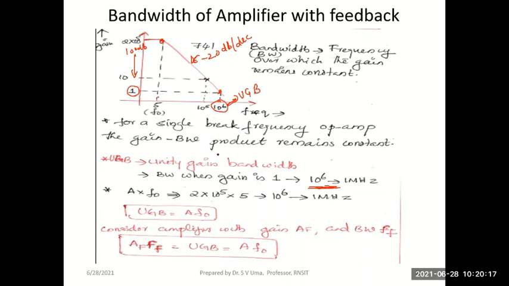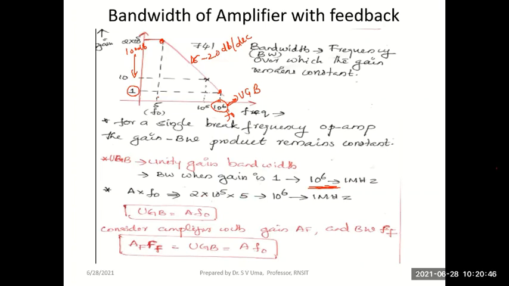Okay. So the unity gain bandwidth product is a measure of the bandwidth of an op-amp when its gain reduces to 1. In this case, we can see it is the product of A into F0. If I call this point F0, A into F0 is going to turn out to be how much?